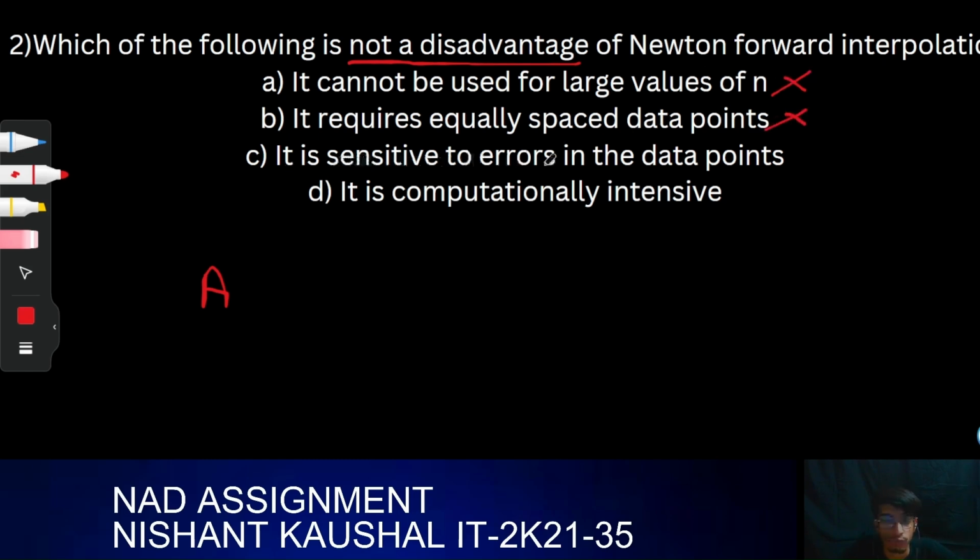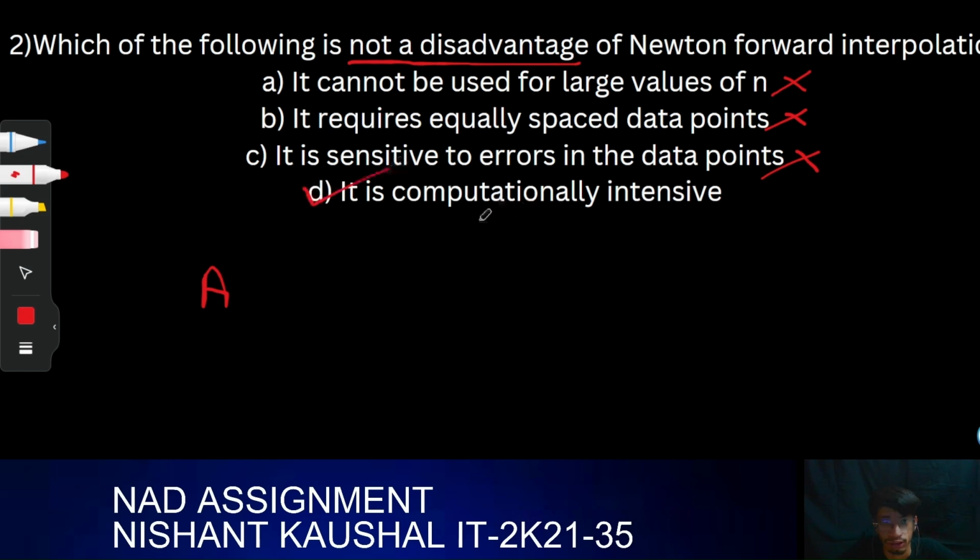It is sensitive to errors in the data points. Yes, that is also true, because in approximating the terms, it could lead to a wrong answer. So it is also a disadvantage. It is computationally intensive.